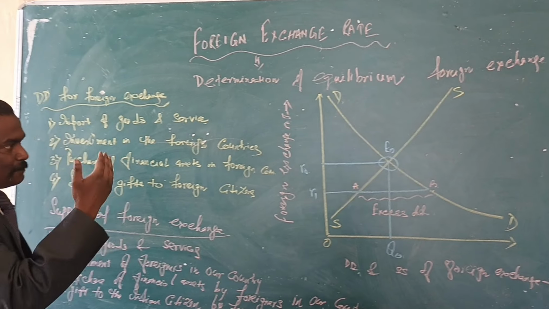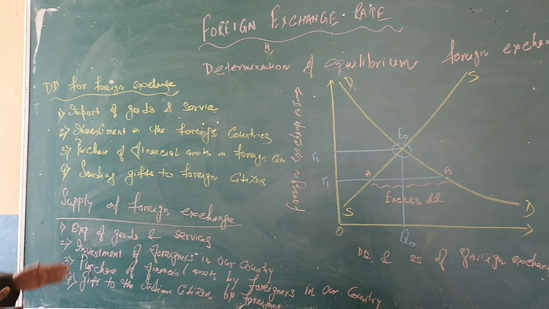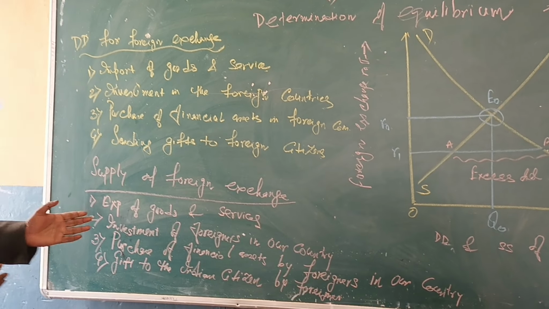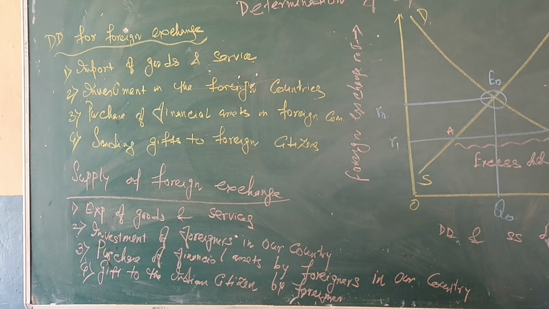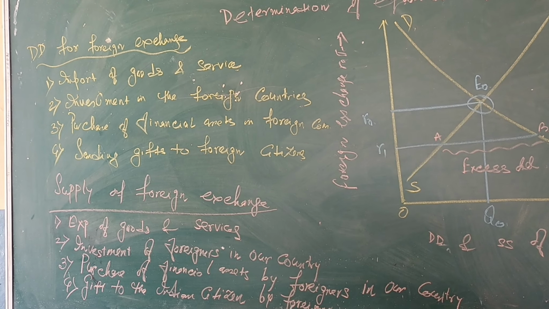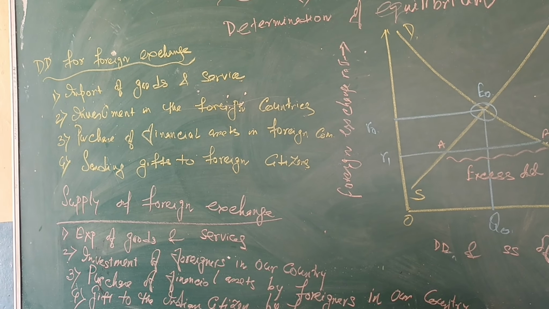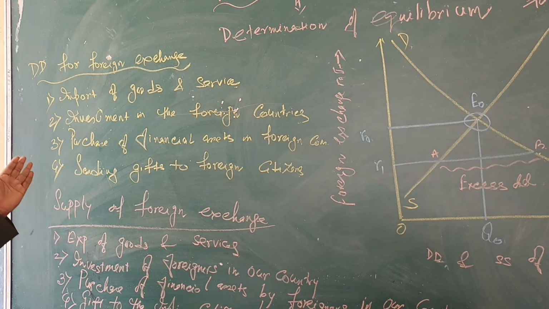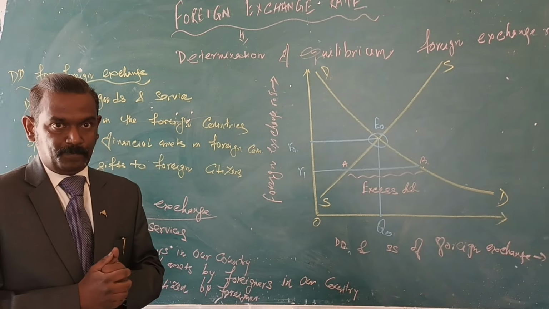We have also explained that the supply of foreign exchange depends on export of goods and services to foreign countries. If foreign investors are investing in India, if foreigners are purchasing financial assets in our country, or if foreigners are sending gifts to Indian citizens, then the supply of foreign exchange in our country will increase.